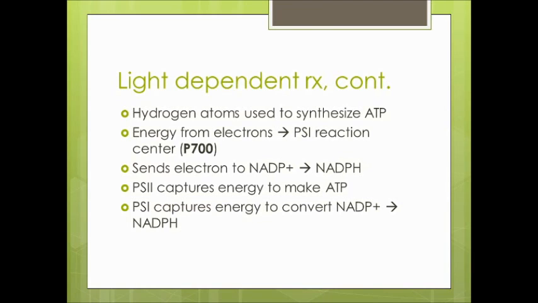Energy from the electrons is then sent to the Photosystem 1 reaction center, which is called P700. This will send electrons to NADP+ to reduce it into NADPH. Photosystem 2 will capture the energy to make ATP, and Photosystem 1 will capture the energy to convert NADP+ to NADPH.